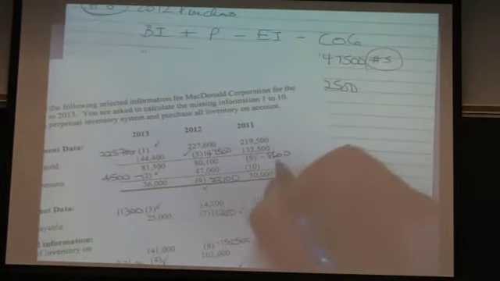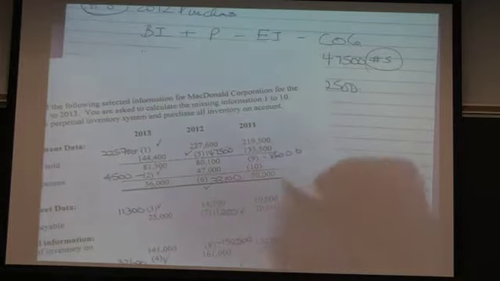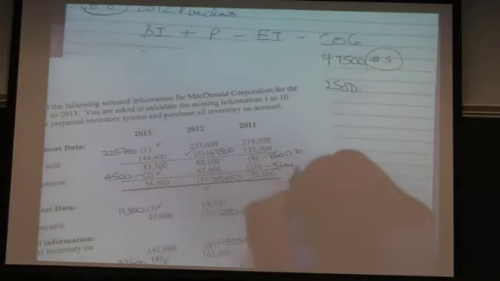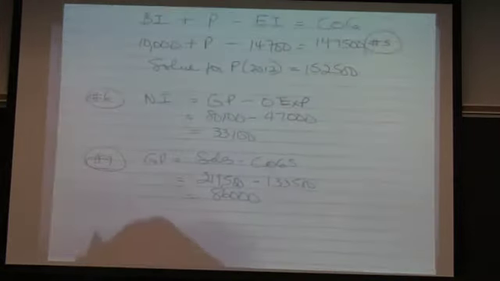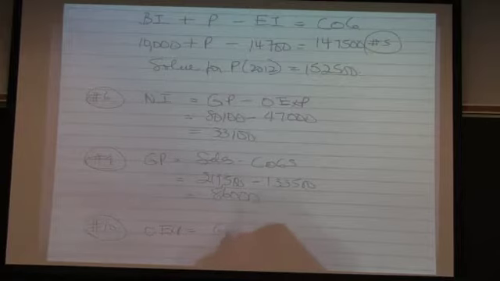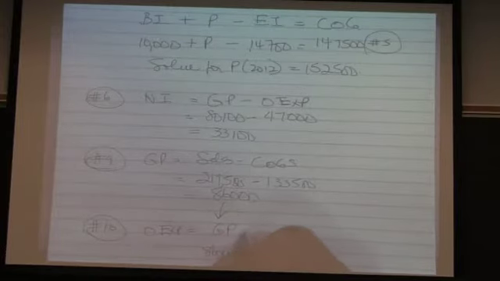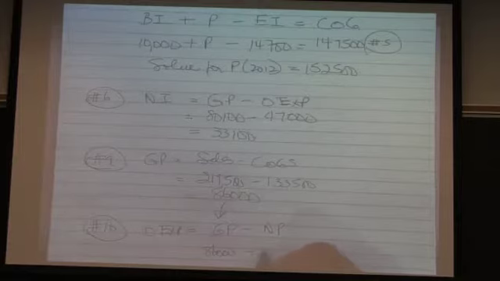And of course, number 10 would be 86,000 minus 30,000 to give you 56,000. So for number 10, operating expenses equals gross profit from number 9, which is 86,000, minus net profit, which is 30,000.